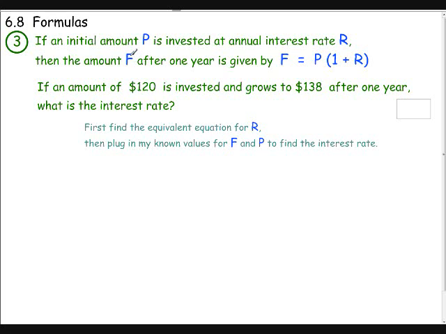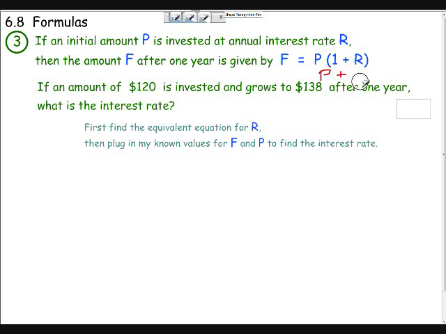Okay, and I don't even know what that stands for. Final, maybe. Final amount after a year. Well, that's going to be my principal plus my interest.